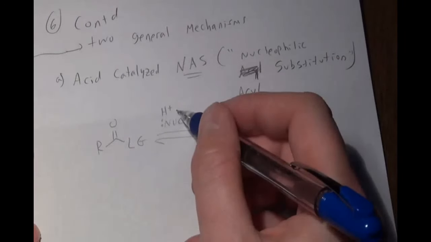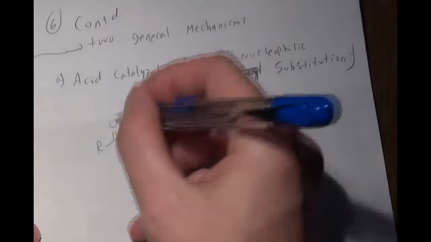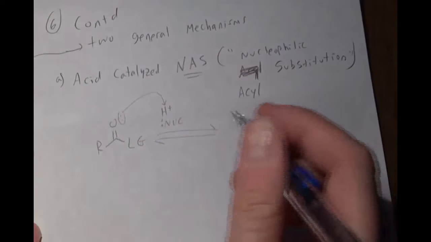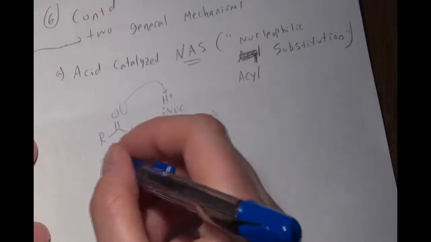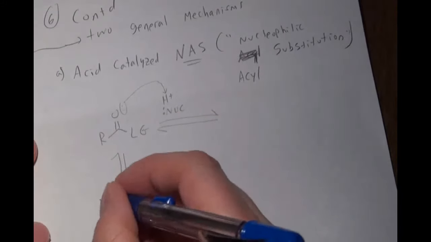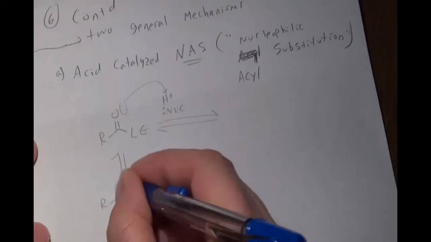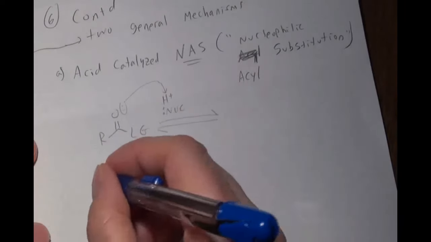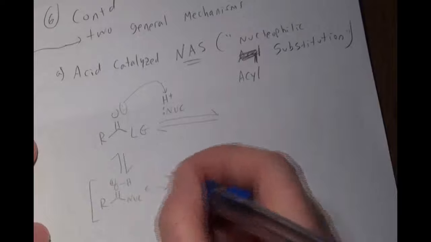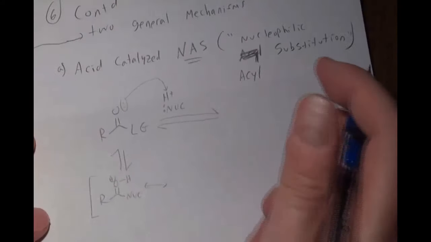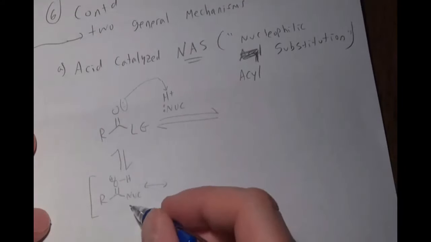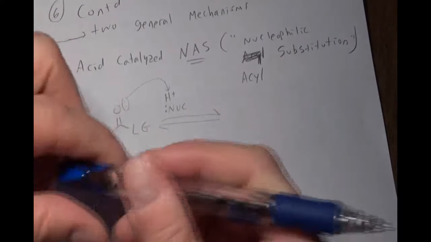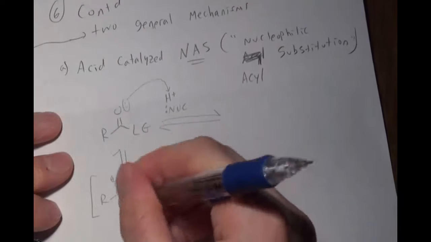Whenever you have acid and you have a carbonyl, usually something happens where you protonate the carbonyl, right? And what does that give you? A protonated carbonyl. Whoa, and I messed up. I said nuke, I should have said LG, so my bad.